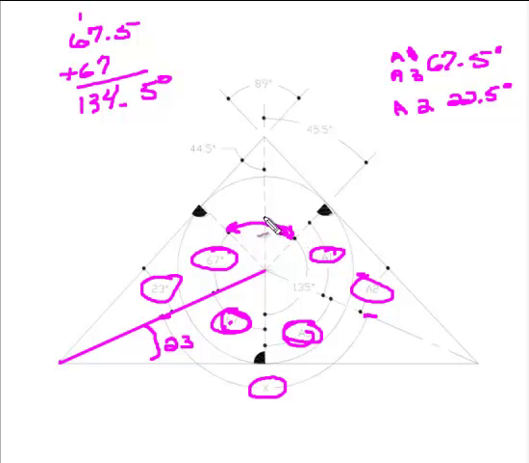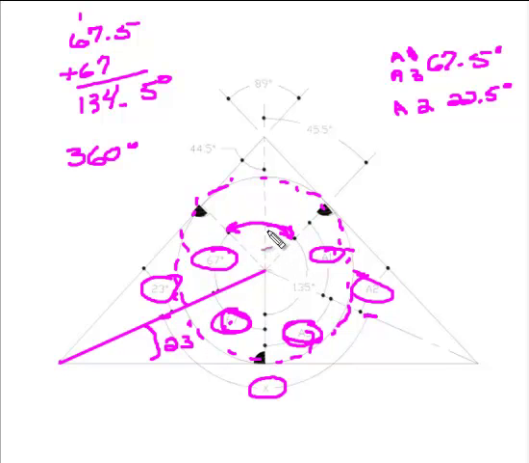How? Because you would take it not from 180, but from 360, because it goes all the way around the whole circle. That is 360 degrees all the way around. And that's how you could solve for this.